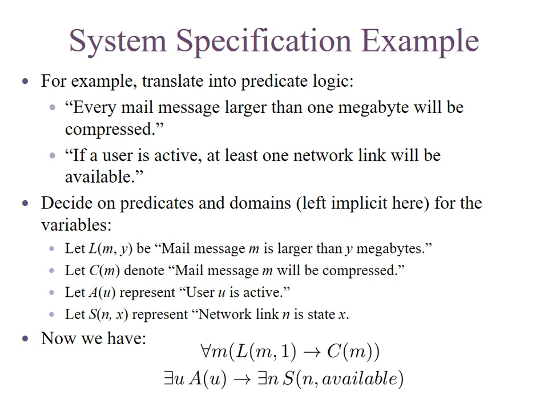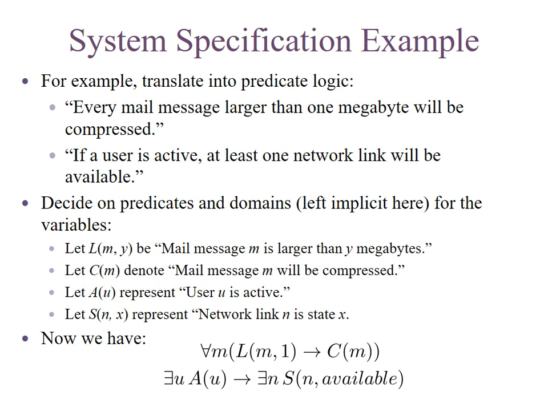We have y to indicate different sizes. If we write 1, that means 1 MB. 10 means 10 MB. And then we also have compressed. So we have C of m to indicate the mail message will be compressed. That will be the predicate logic for the first sentence.